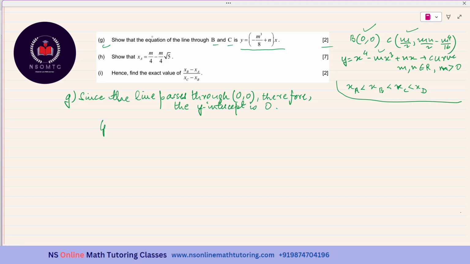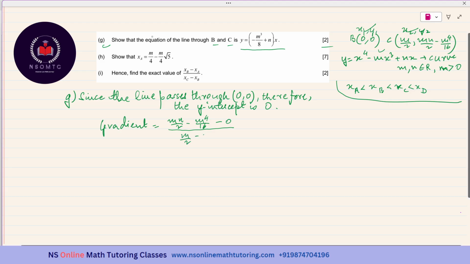Now we have to find the gradient, equal to y2 minus y1 over x2 minus x1. So I'm taking this as x1, y1 and this as x2, y2. Okay. So y2 minus y1 is mn over 2 minus m to the power of 4 over 16, minus 0, over m over 2 minus 0.